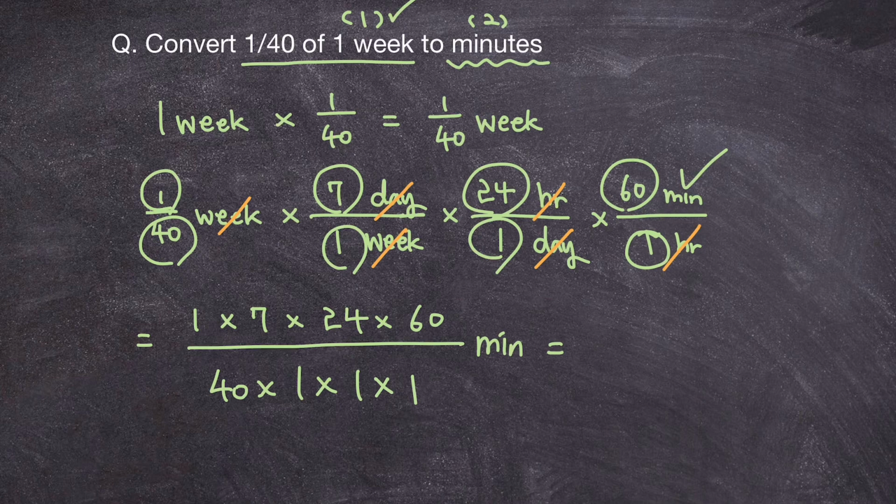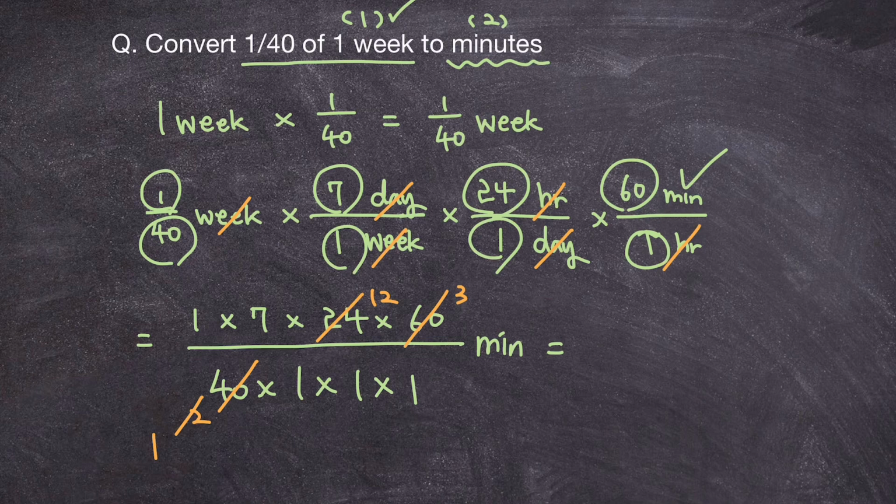And all there's left for us to do is to simplify this. Let's divide these two numbers with 20. I'll be left with 3 here and 2 here. And if I divide these two numbers with 2, I have 1 here and 12 here.